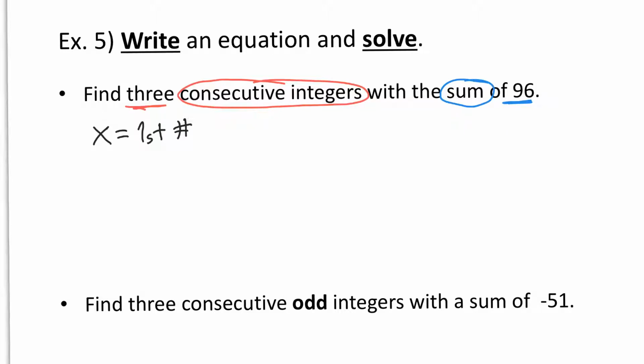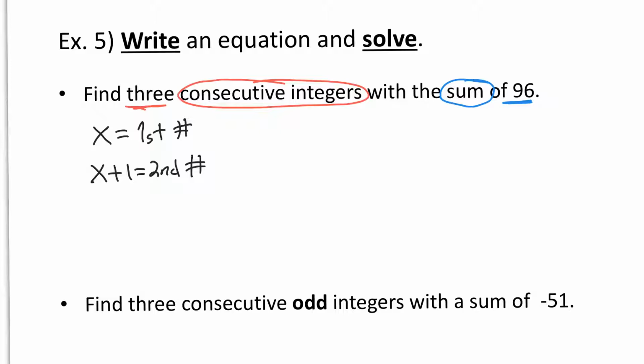And when I do that, let's think about the next number. If x equals, let's say, 8, the next number has to be 9. Now think about those two numbers, 8 and 9. Well, 9 is 1 more than 8. So my second number has to be x plus 1, 1 more. I don't know what it is, but that's going to be my second number.